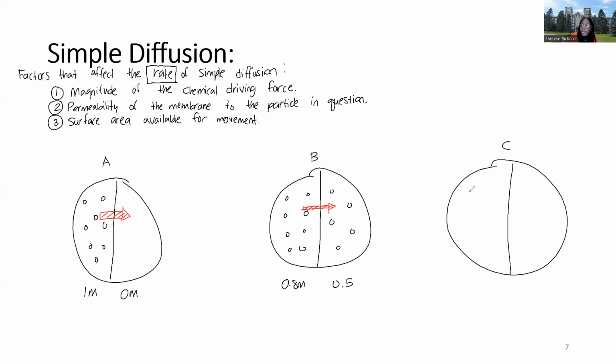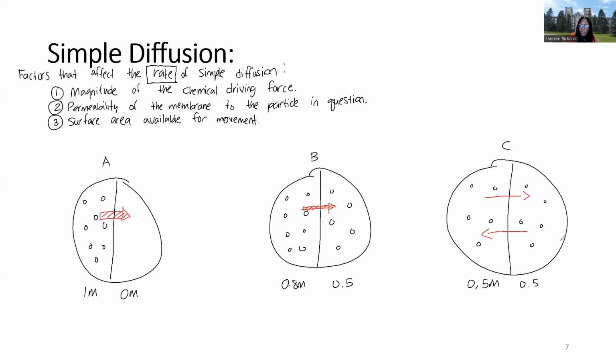In scenario 3, let's say we had no gradient. So we had 0.5 moles dissolved on the left, and we had 0.5 moles dissolved on the right as well. We have 0 gradient, right? What I want to illustrate here, however, is that we still see one-way flux from the left to the right and the right to the left, but we just don't see any net accumulation of particles.